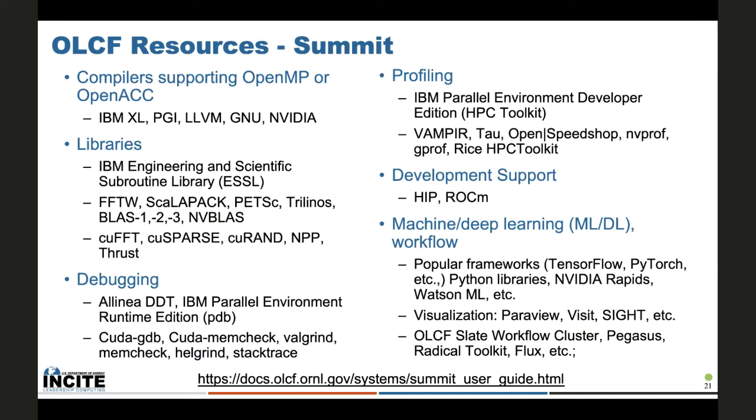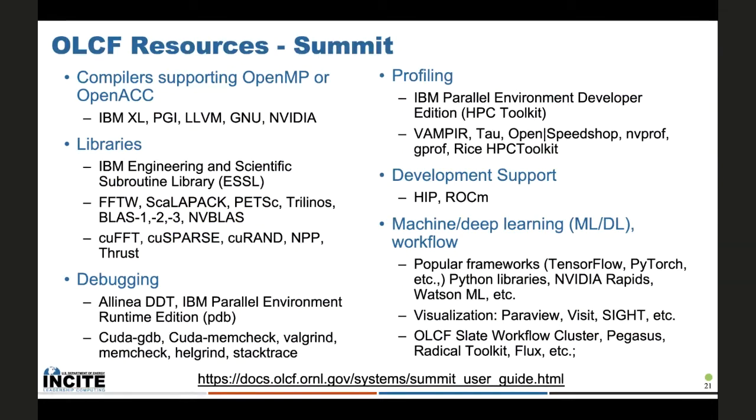We have a vast majority of different libraries to support your math-heavy code, and we have ESSL from IBM. We have fast Fourier transform and linear algebra through ScaLAPACK and BLAS at different levels, and you have PETSc, Trilinos, NVBLAS, and other NVIDIA proprietary libraries like cuFFT, cuSPARSE, and so on.